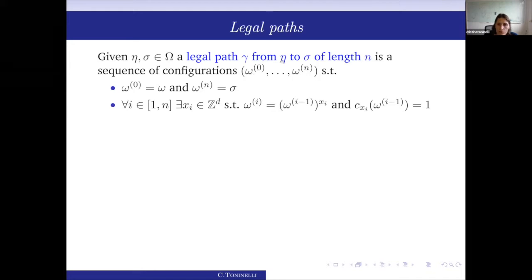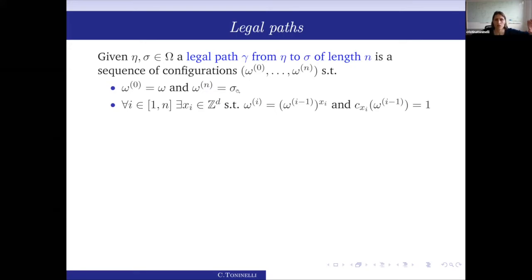So if I have two configurations in my configuration space, I will say that they are connected one to the other by a legal path gamma if the following holds: gamma is a sequence of configurations omega 0, omega 1, omega 2, up to omega n, such that the first configuration is, I'm sorry, I wrote omega, but it's eta. The first configuration is eta, the last configuration is sigma.